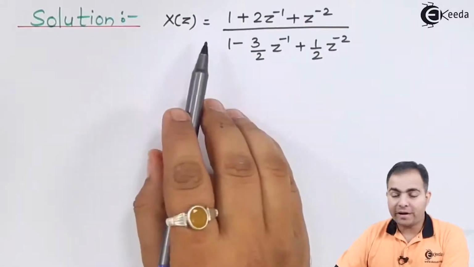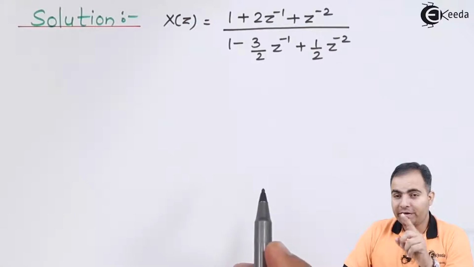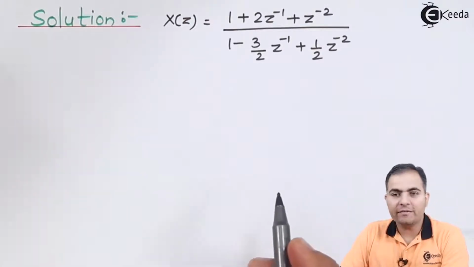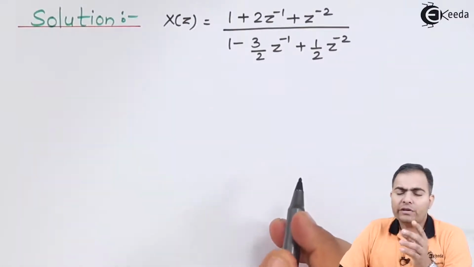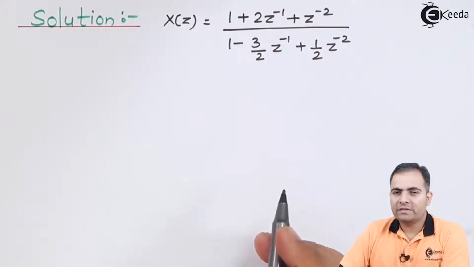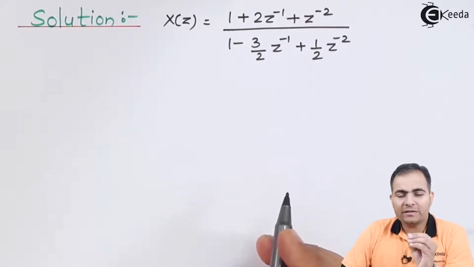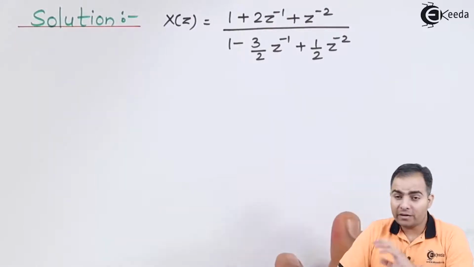Look here. The degrees are the same, which means we are going to divide the numerator only once by the denominator. Here in the question, one ROC is mentioned, mod z greater than 1. If the ROC is mentioned or not, don't bother.